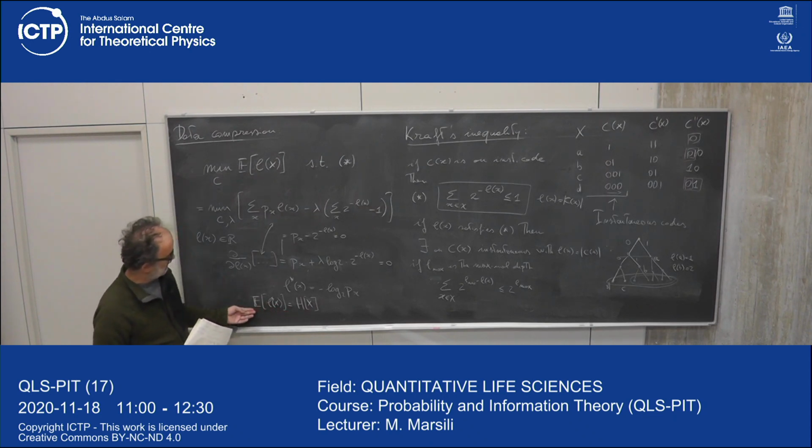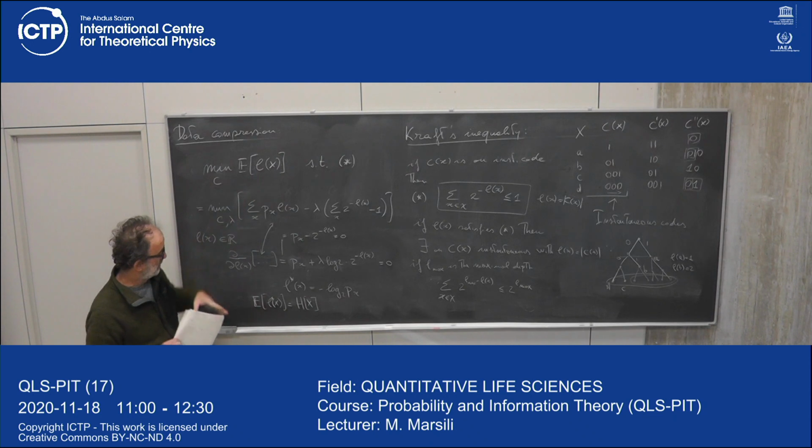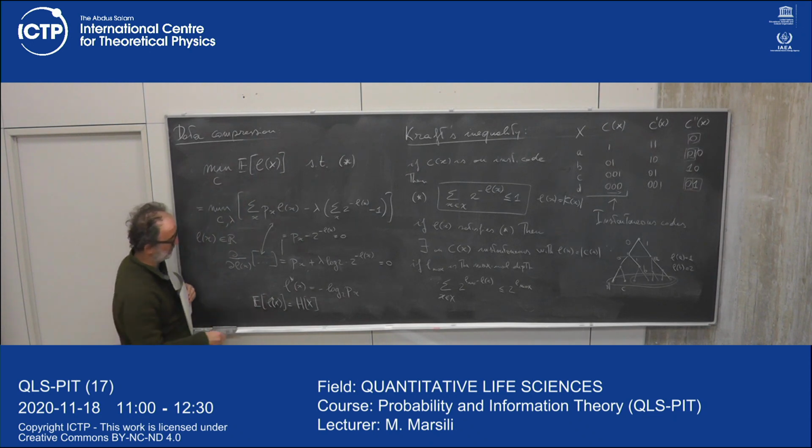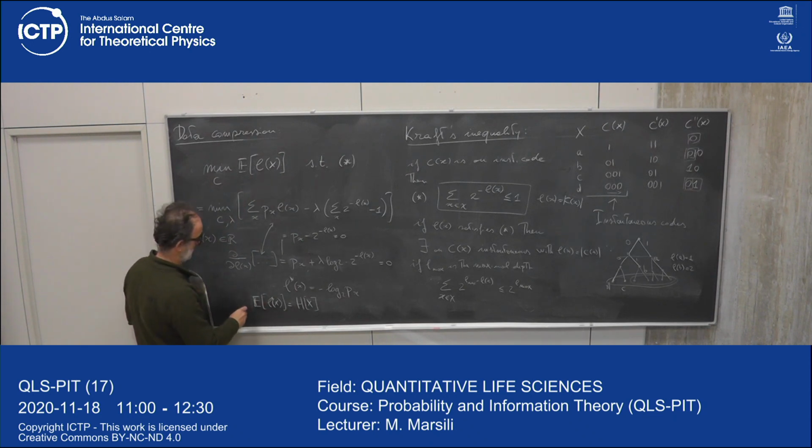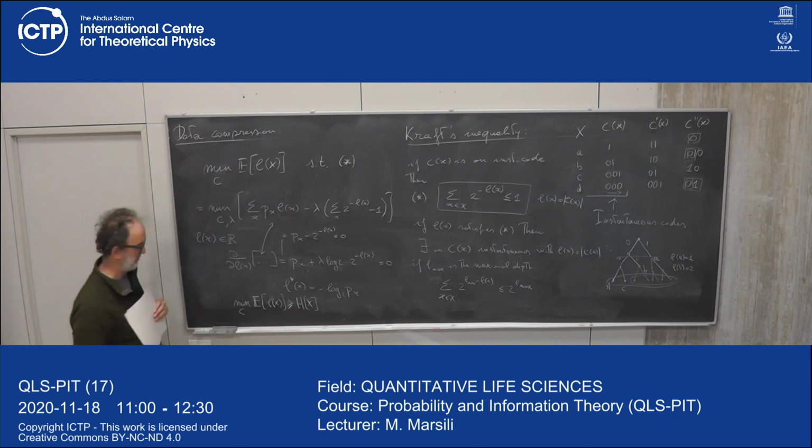Now, as I told you, the optimal L has to be an integer. So essentially, what you find is that the minimum possible value of this must be larger or equal than the entropy.